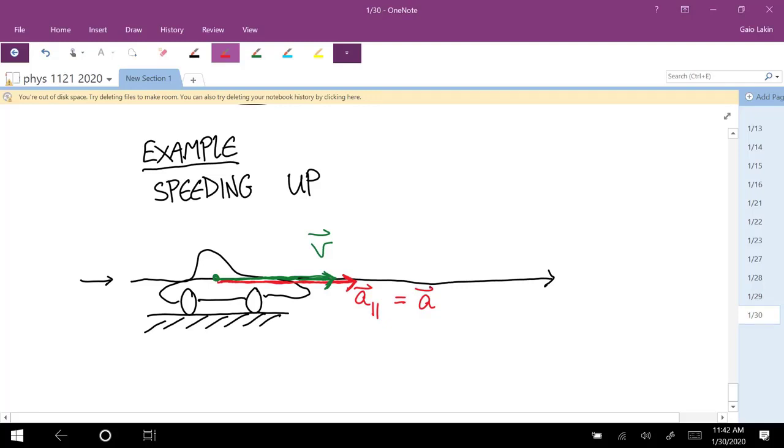If you were doing these calculations, you just do it as a one-dimensional problem. Why not? It saves you a little work. But this is how the two-dimensional stuff reduces down to what we saw in one dimension for something that's moving along a line.